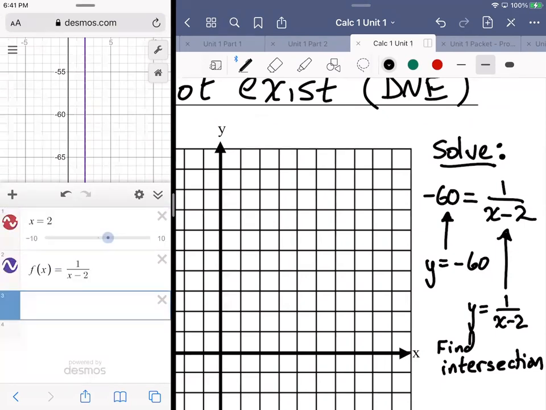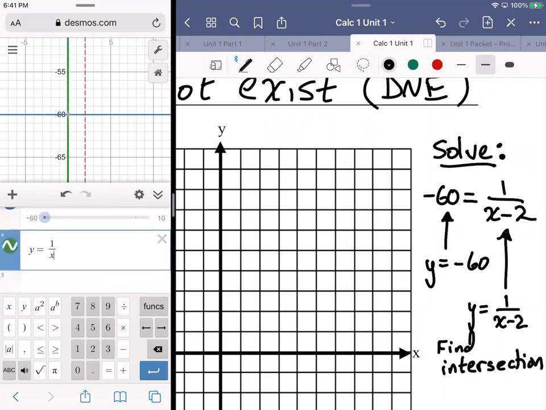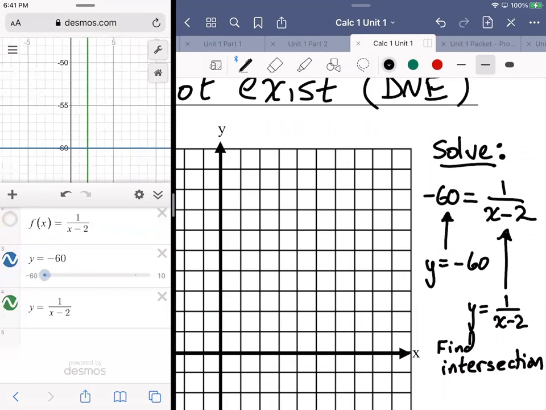I'll turn this one off so it doesn't get in the way. y equals negative 60, and y equals 1 over x minus 2. And see where they intersect.